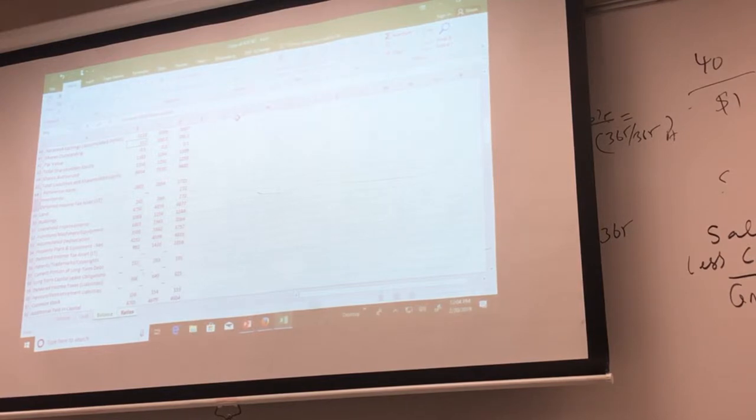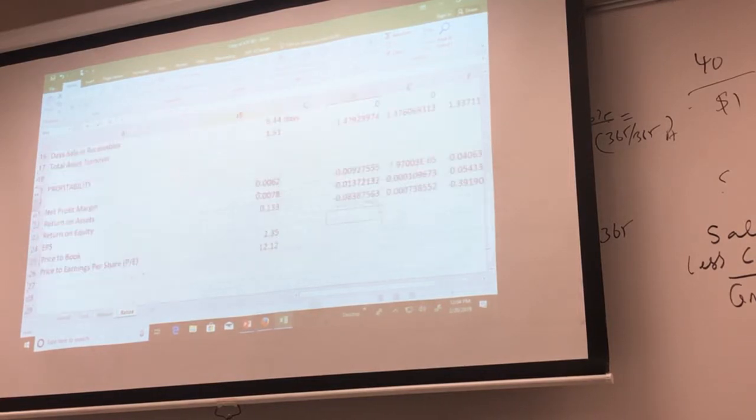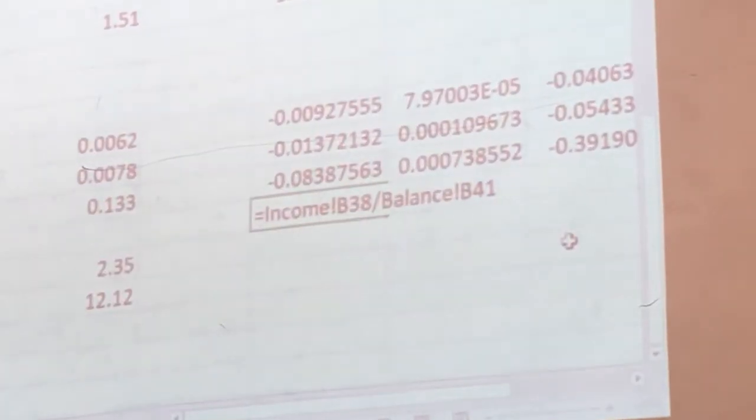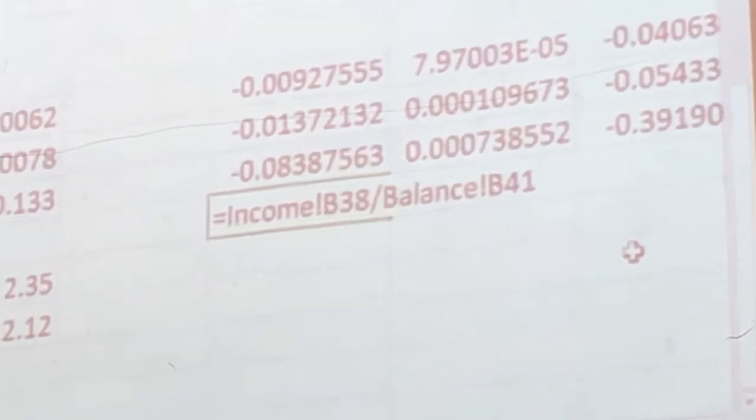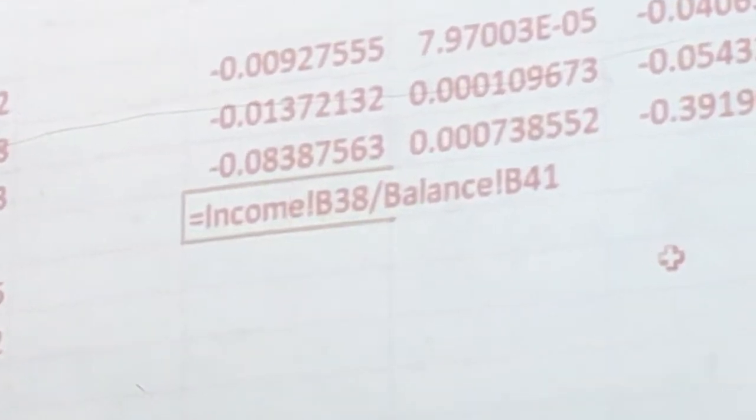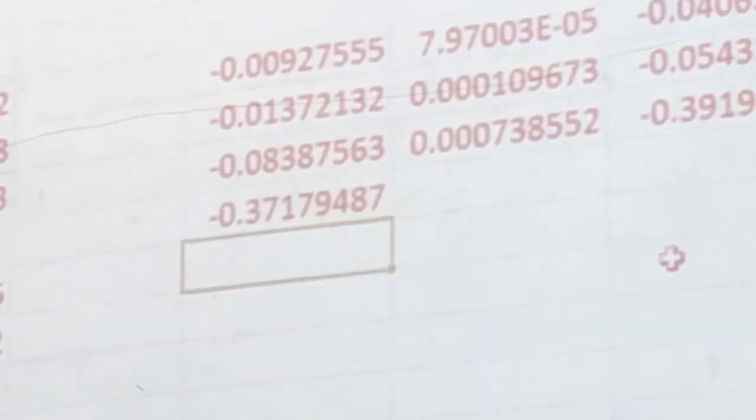Both are in millions, so that's what you want to keep in mind. The numerator and the denominator both are in millions of dollars. So this is the answer. Income statement B38 divided by balance sheet B41. So per share they lost how much? 37 cents.